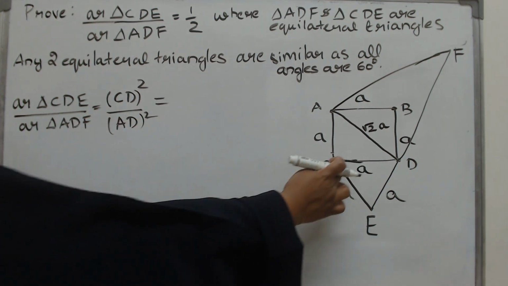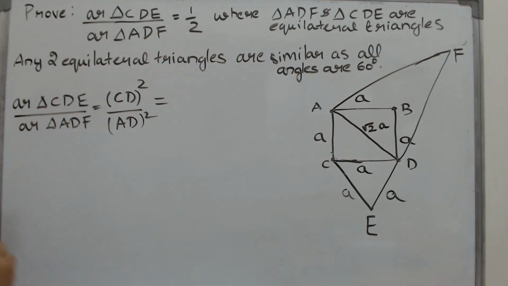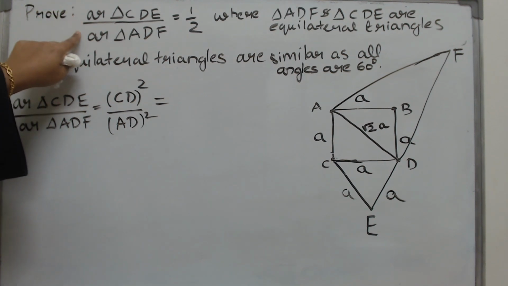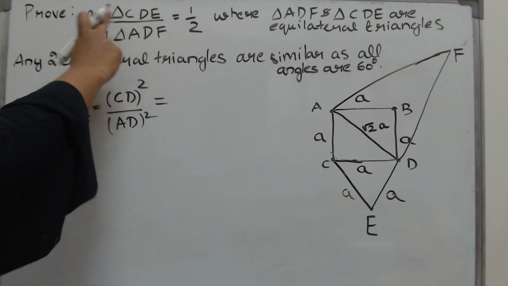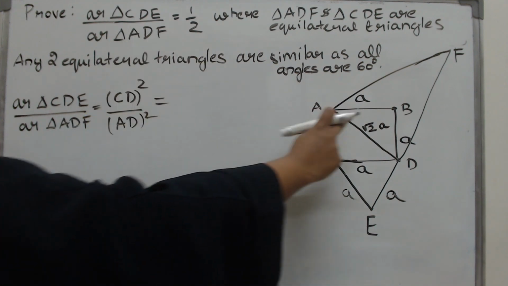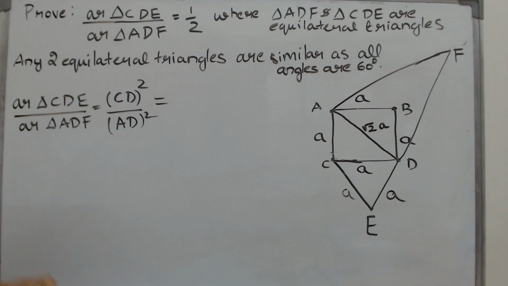For example, you can see this here itself. These two triangles both have all the angles the same, but all the sides are not the same. All the sides of this triangle will be A. All the sides of this triangle will be root 2A. So they are similar, but remember, not congruent.